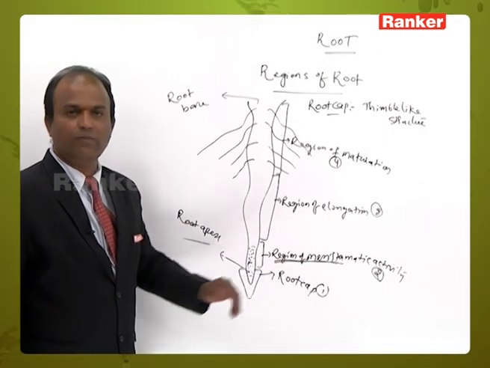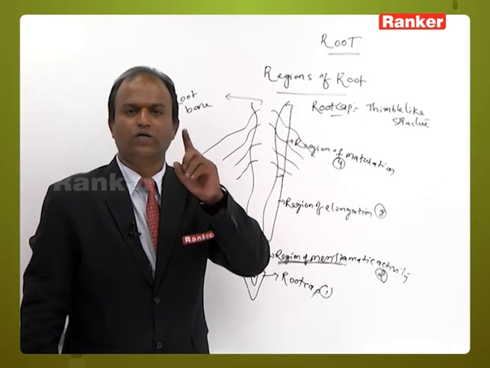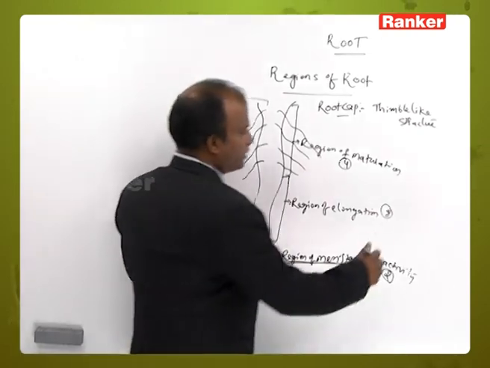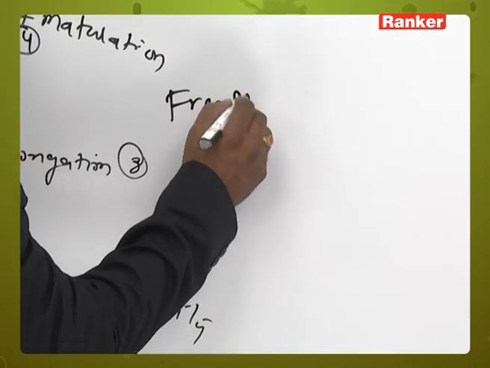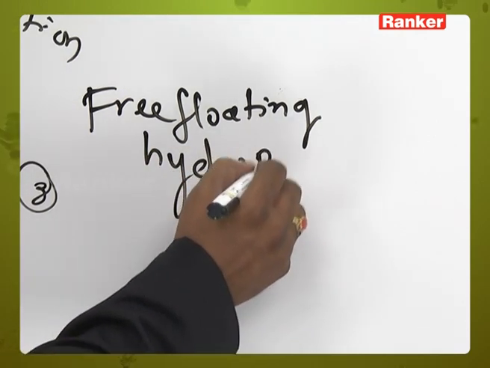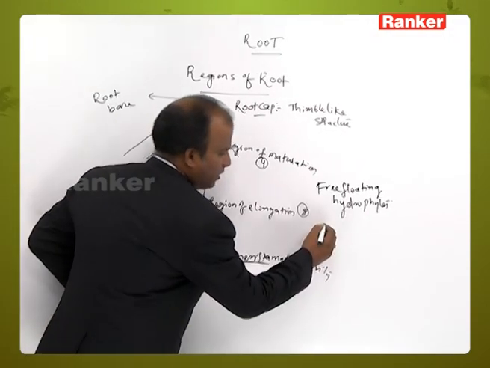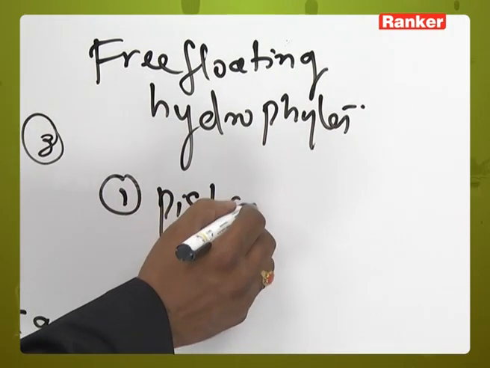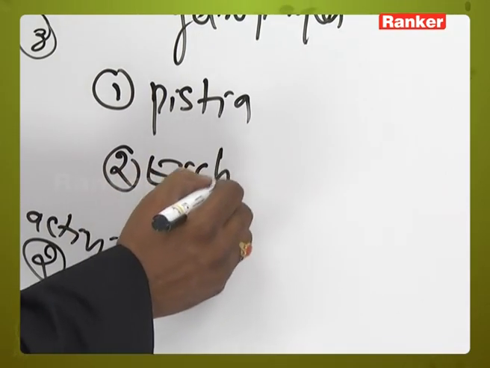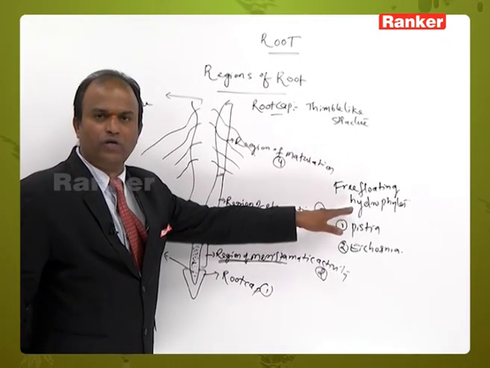Before that, root cap is not present in free floating hydrophytes. They do not show root cap. For example, free floating hydrophytes such as Pistia and Eichhornia.